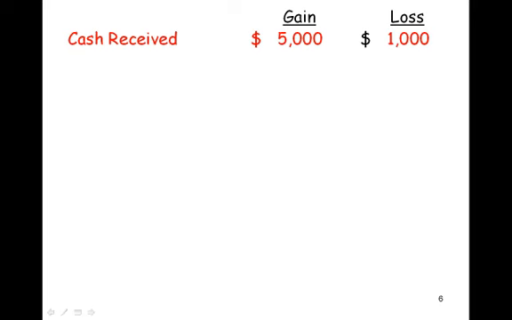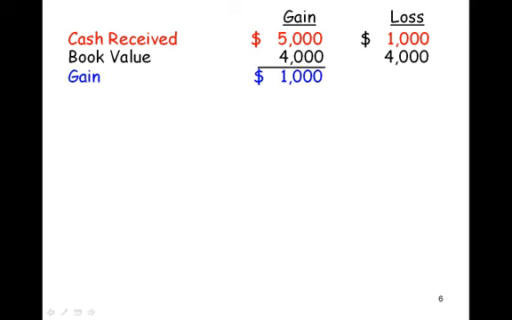Cash received of $5,000 and $1,000 for the sale of the asset. In both cases, we'll assume a book value of $4,000. In the first transaction, there is a gain of $1,000. In the second transaction, there is a loss of $3,000.